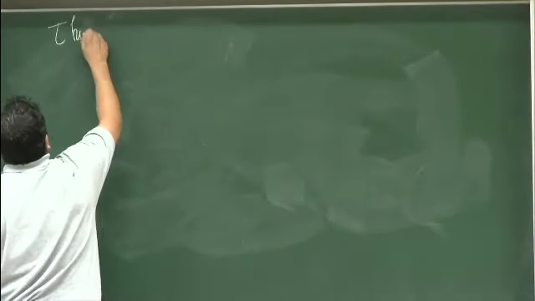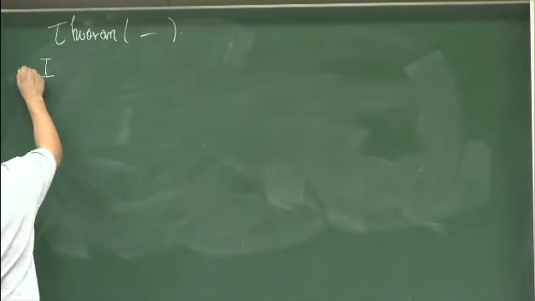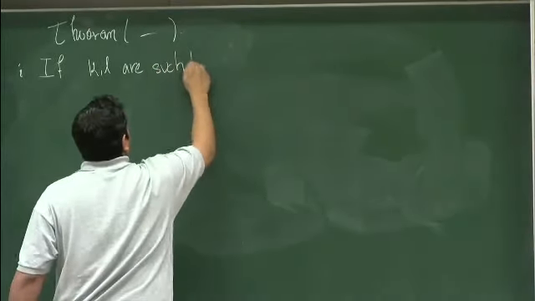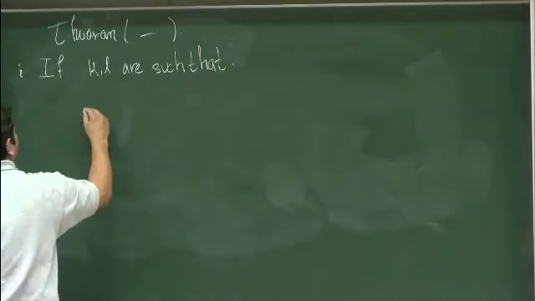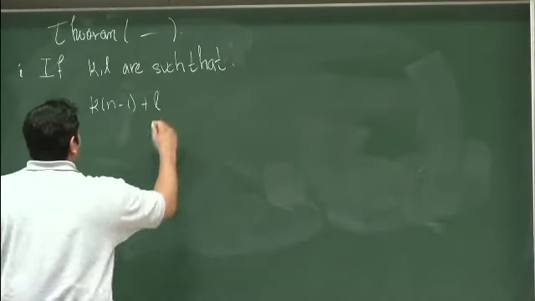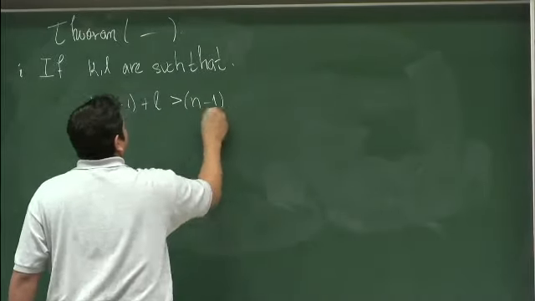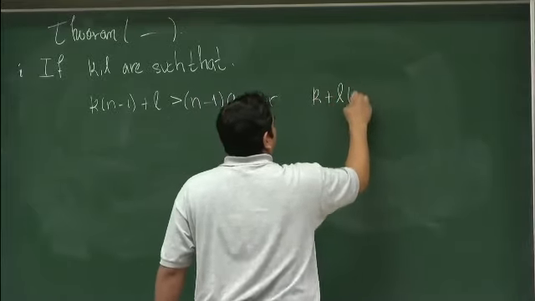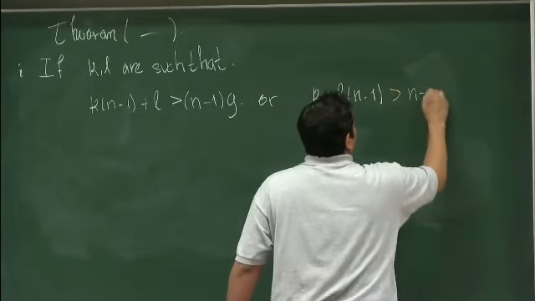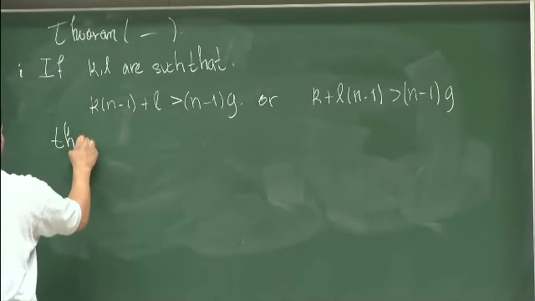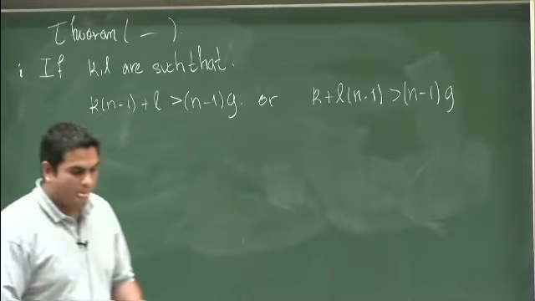Then I have a theorem that says that if k and l are such that k(n minus 1) plus l is bigger than (n minus 1)g, or (k plus l)(n minus 1) is bigger than (n minus 1)g times g, then there is no KL stable vector bundle.